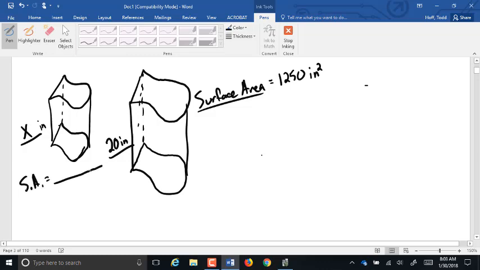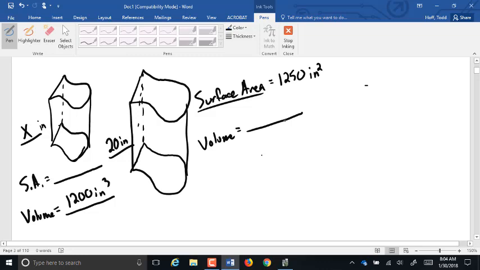We're trying to find the surface area here. The volume here is 1,200 cubic inches. Trying to find the volume there.